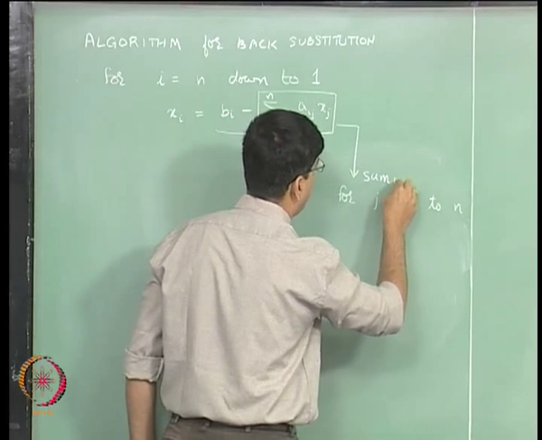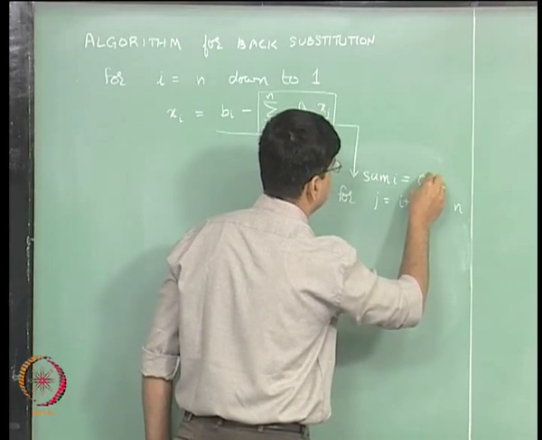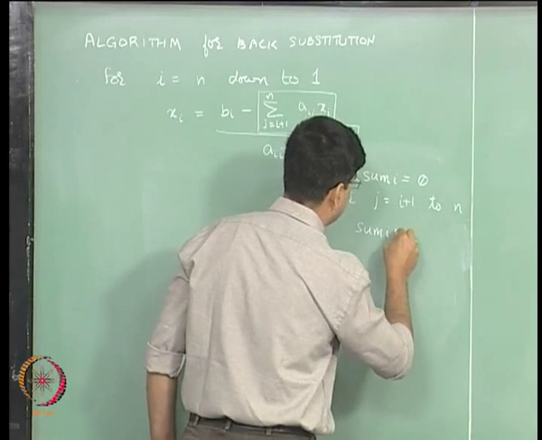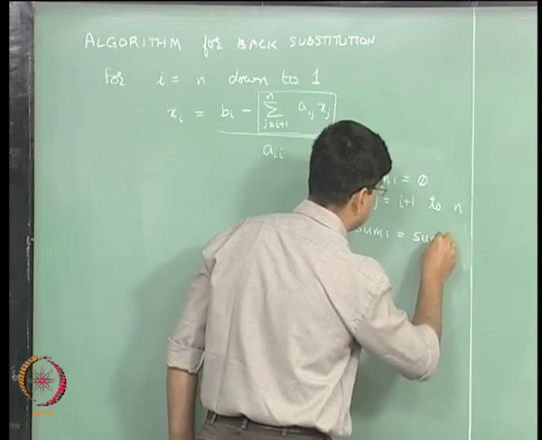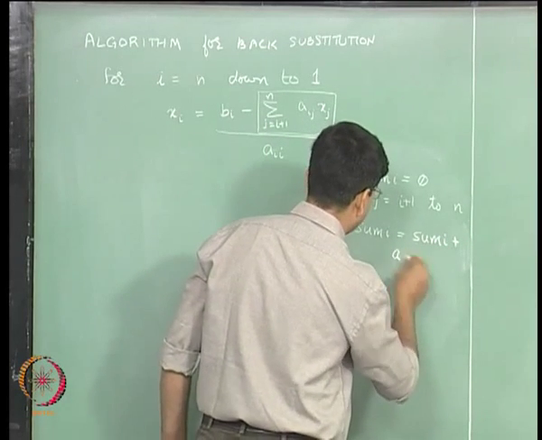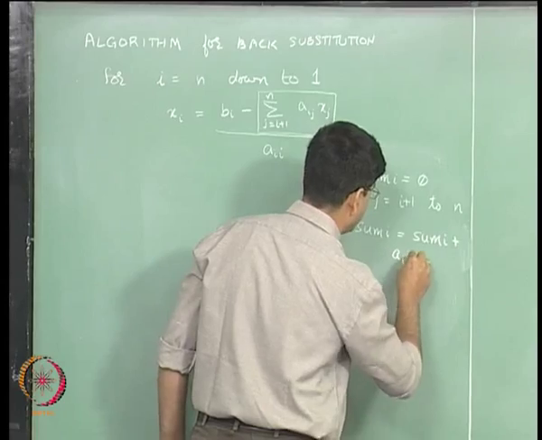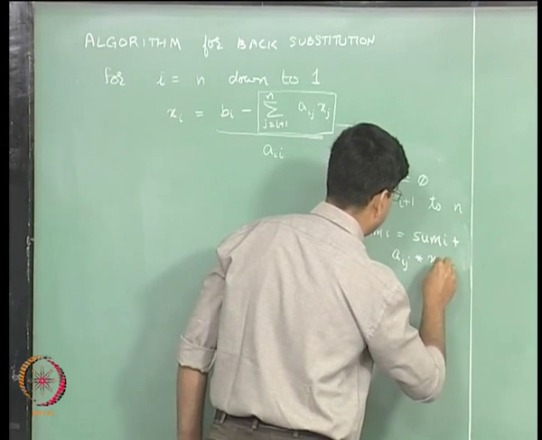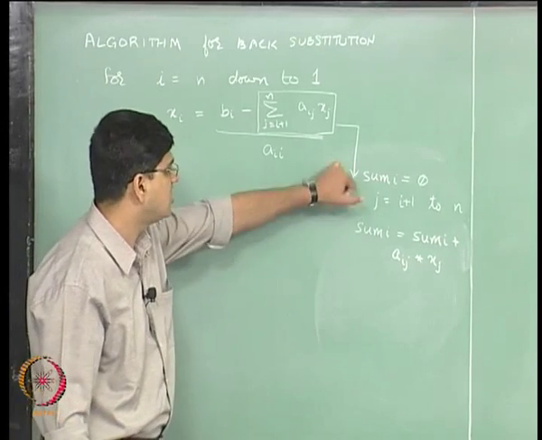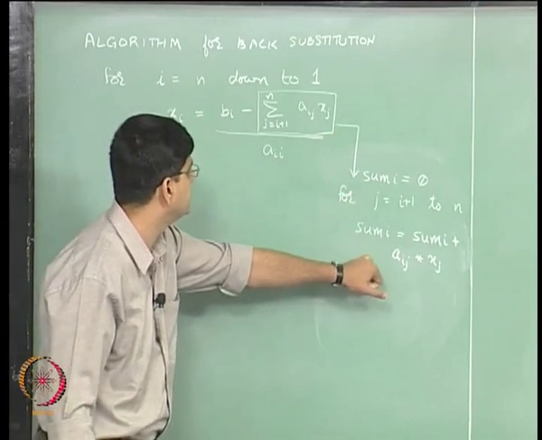Say sum i equal to 0, we will call this, and then we will write this as sum i equal to sum i plus a_ij multiplied by x_j. And this is how we are going to calculate this particular sum over here.